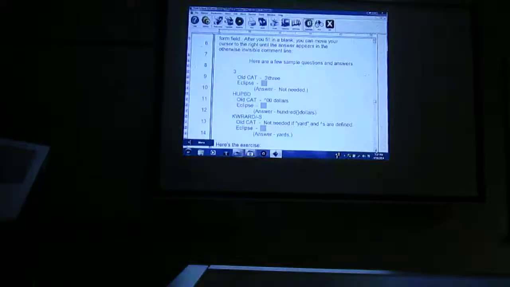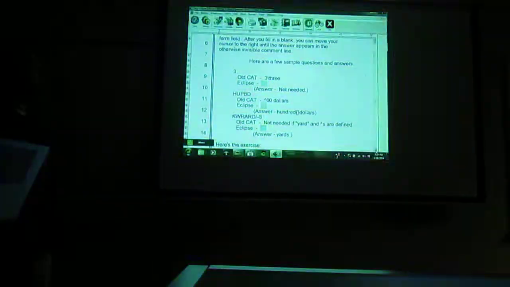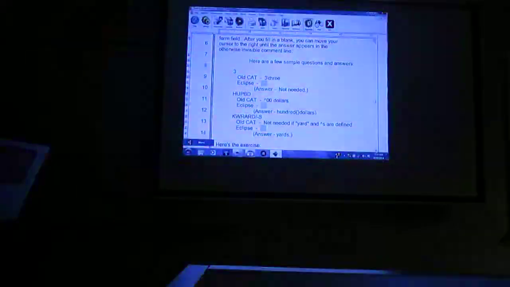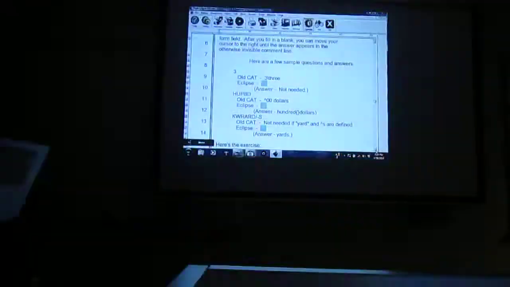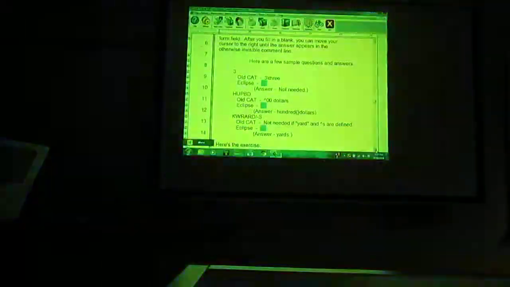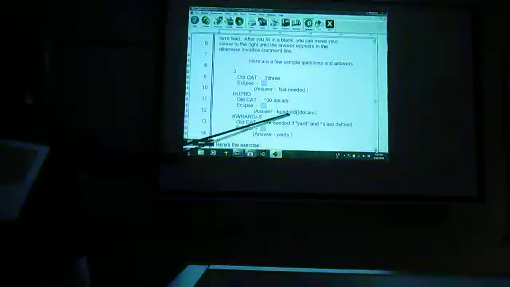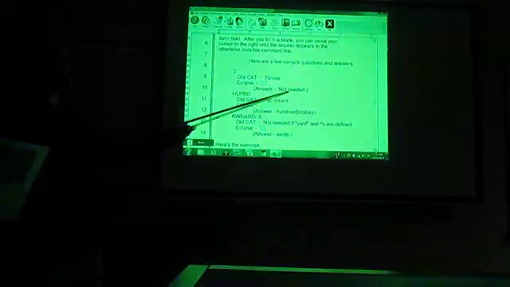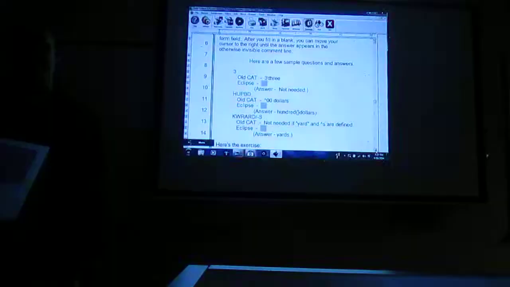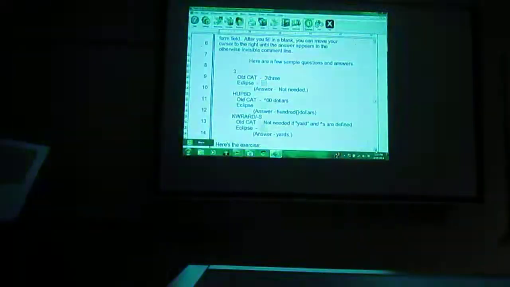How would you do it? 100 brace dollars. The answer's right there. I didn't even see that. There's another exercise down here where it takes it away. But that's the way you do it, $100. On the not needed, you don't need anything. You don't need to put the 3 in there. It's just a THREE, all right?